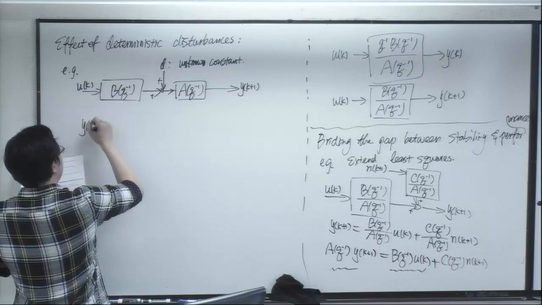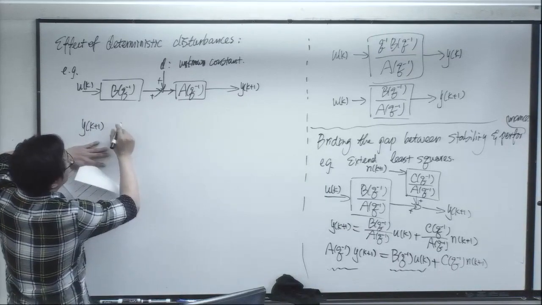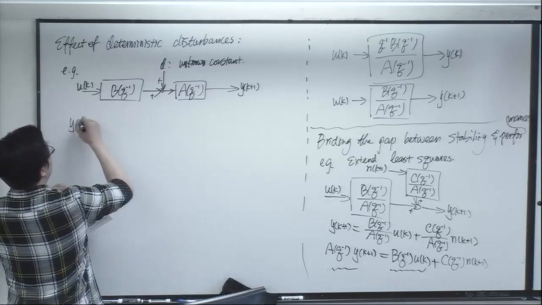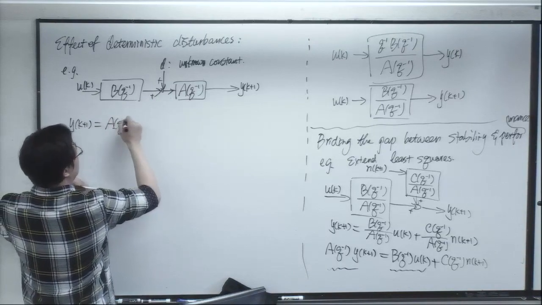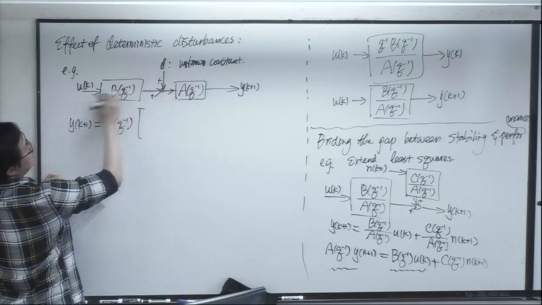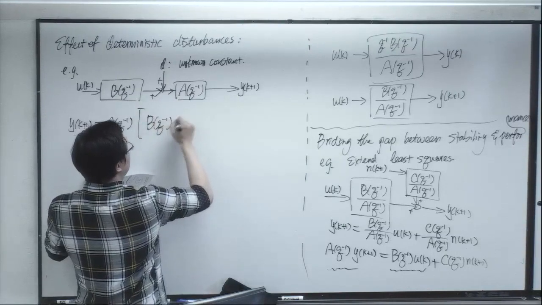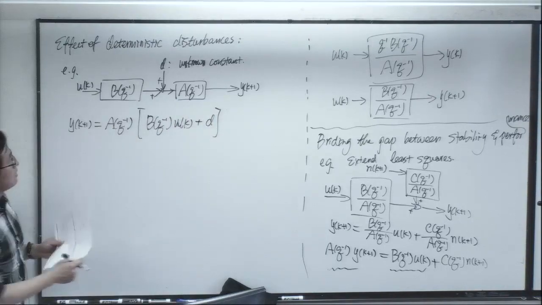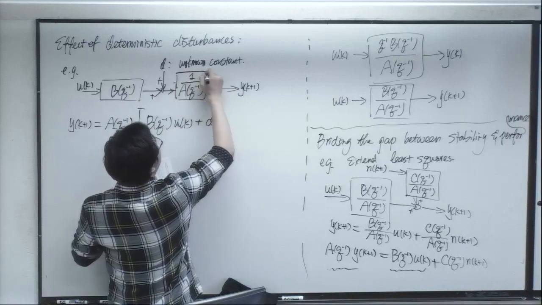First, let's write out the system output. We have A y k plus 1 is A operating on D plus B U. Oh, there's a typo. It should be 1 over A.